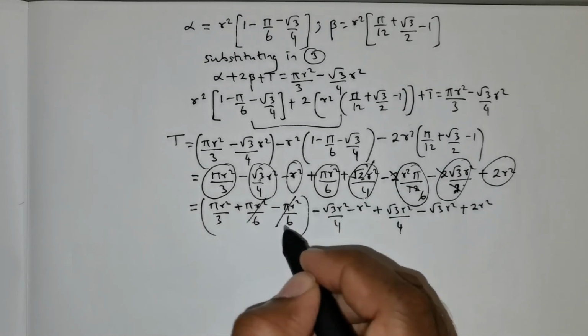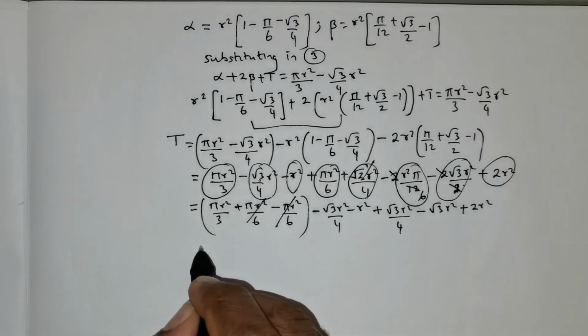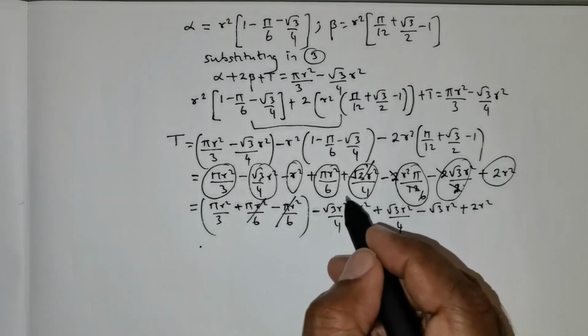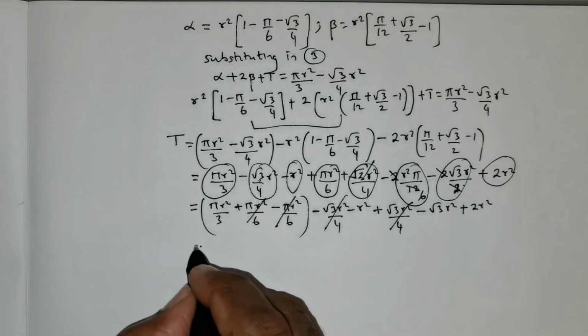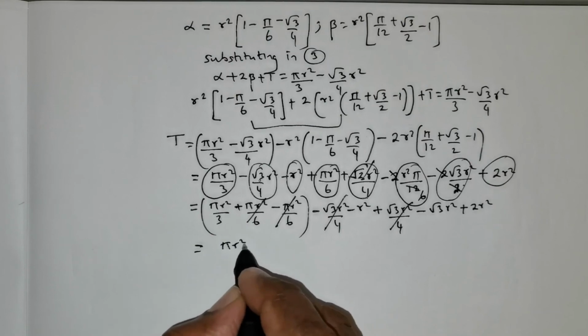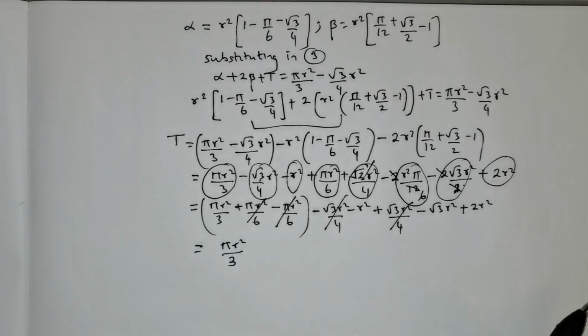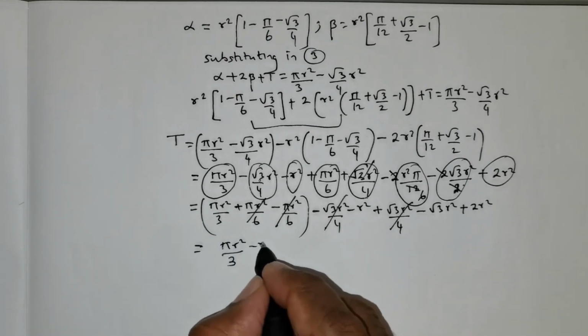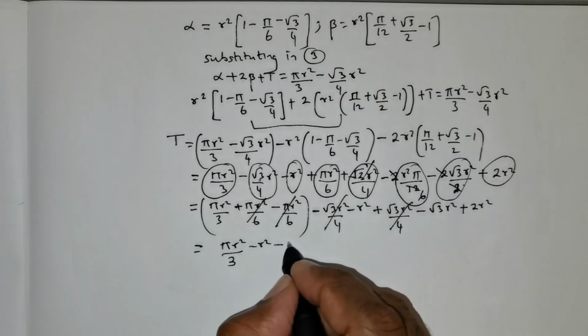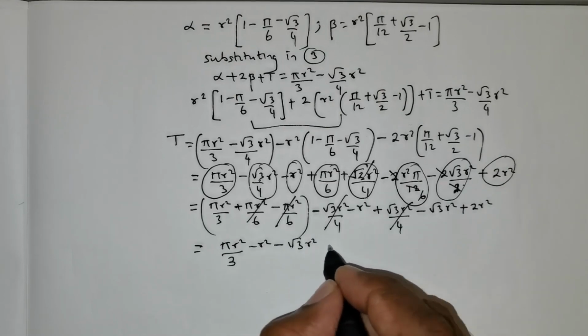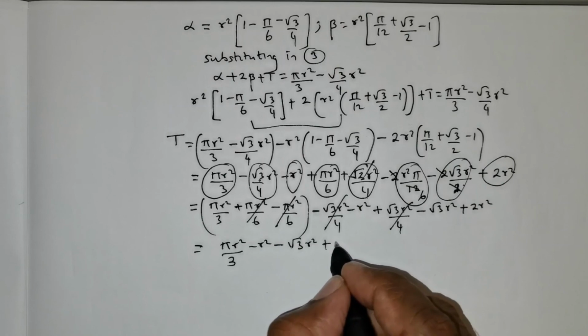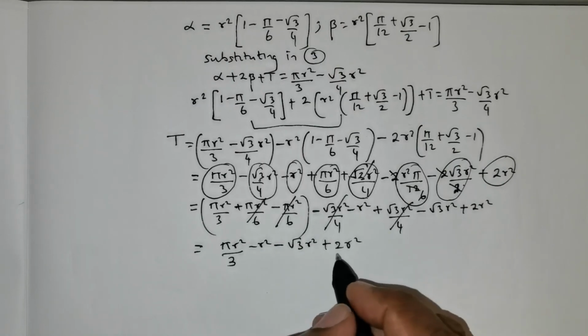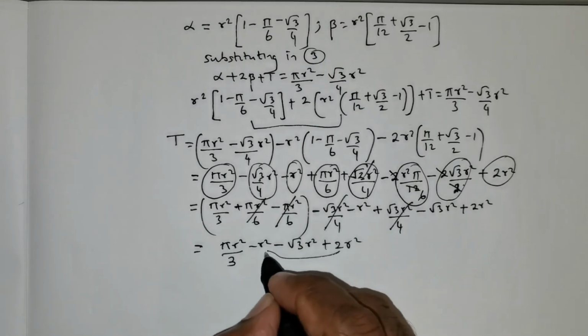Now positive pi r squared over 6 and negative pi r squared over 6 can be cancelled. So that would mean we now have pi r squared over 3 with a negative r squared followed by negative root of 3 times r squared positive 2 times r squared.